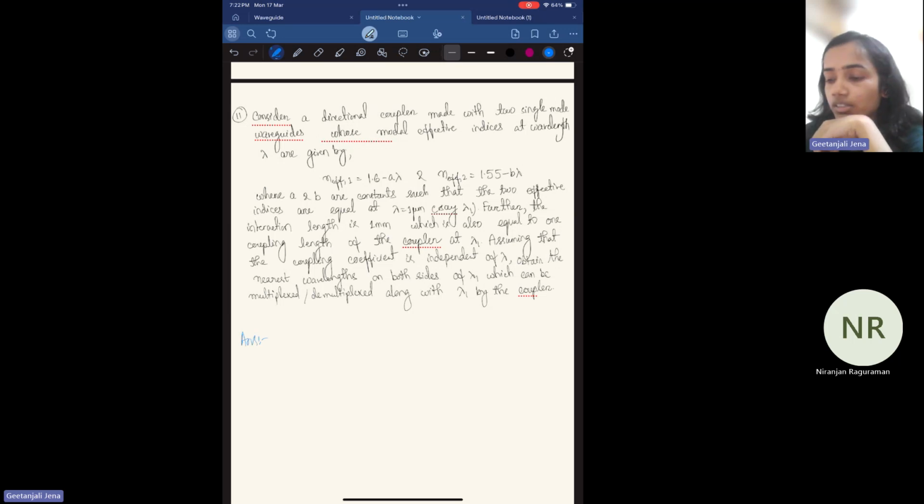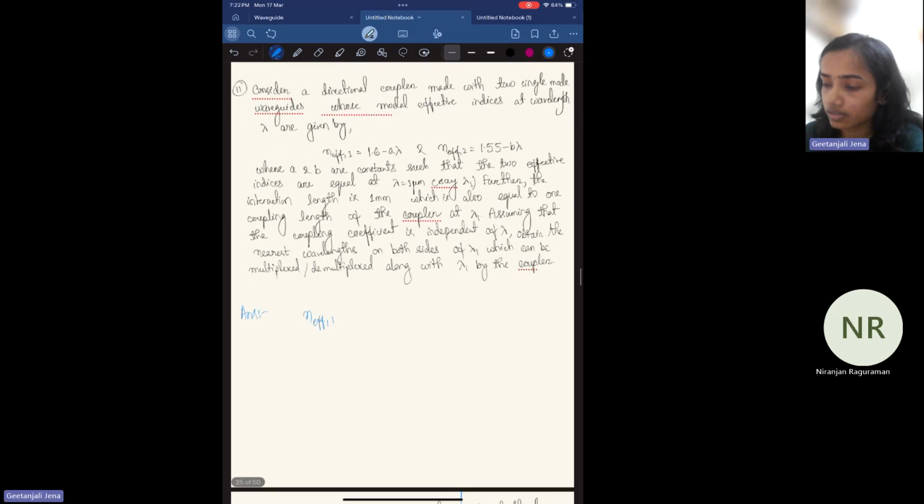Let me read it out first. It says: consider a directional coupler made with two single mode waveguides whose modal effective indices at wavelength lambda are given by n effective 1 is 1.6 minus a lambda, and n effective 2 is 1.55 minus b lambda. So for a particular wavelength lambda, n effective for this directional coupler are given.